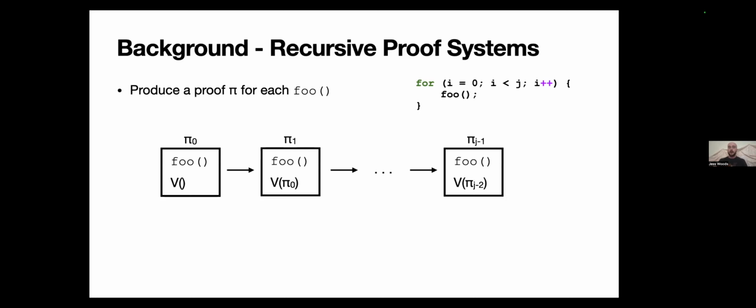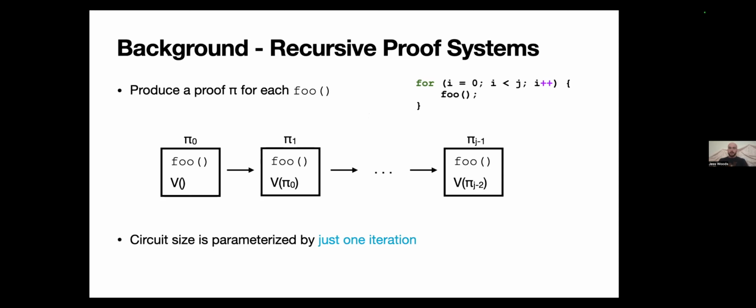And then the verifier only needs to see and verify the final proof, in this case, pi j minus 1. And this establishes in a domino fashion that all the prior proofs were correctly verifiable, and so that all the prior foo executions are verifiable. And this helps with our unfolding the delta function problem that we saw before.